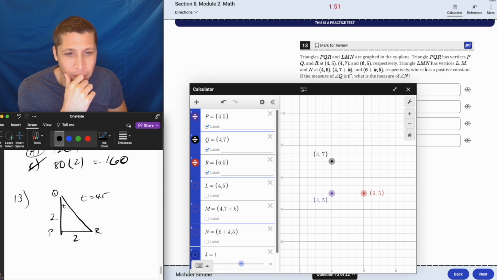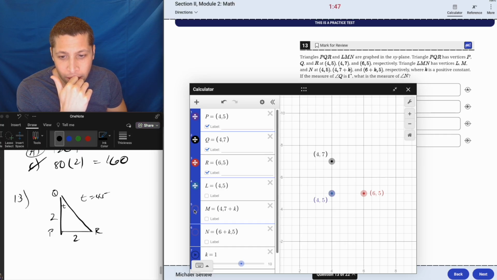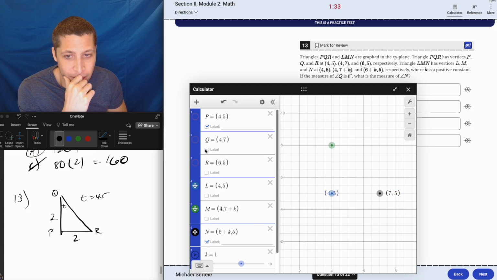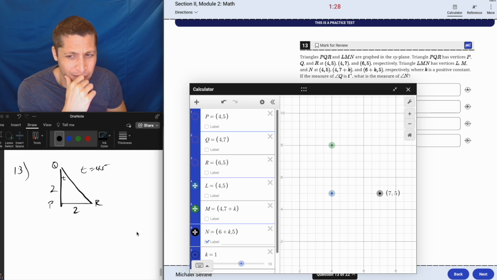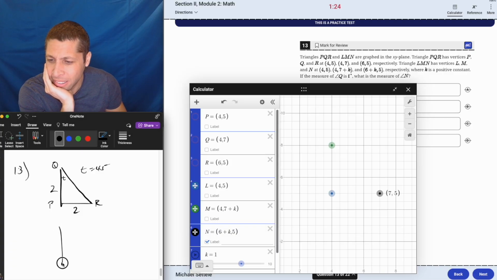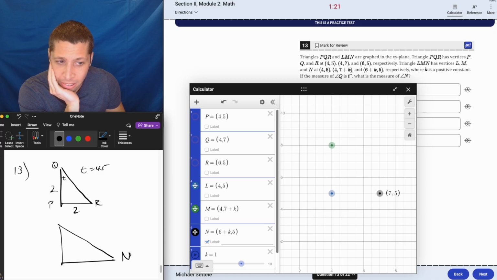All right. K is a positive constant. The measure of angle Q is T. What is the measure of angle N? So L, M, N, with K being whatever I want it to be. So N is that. Okay. N is down here.